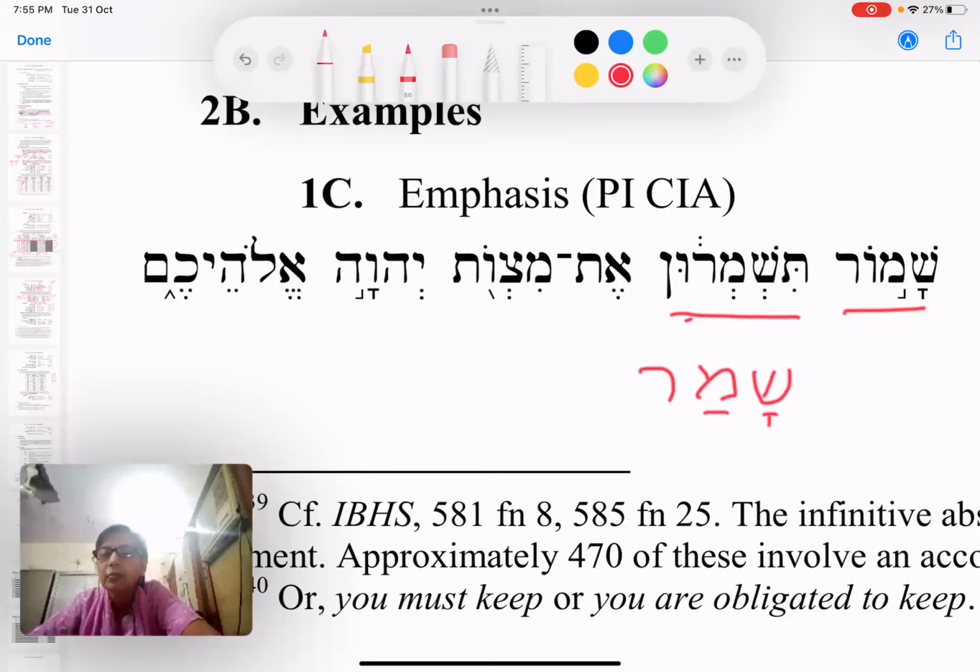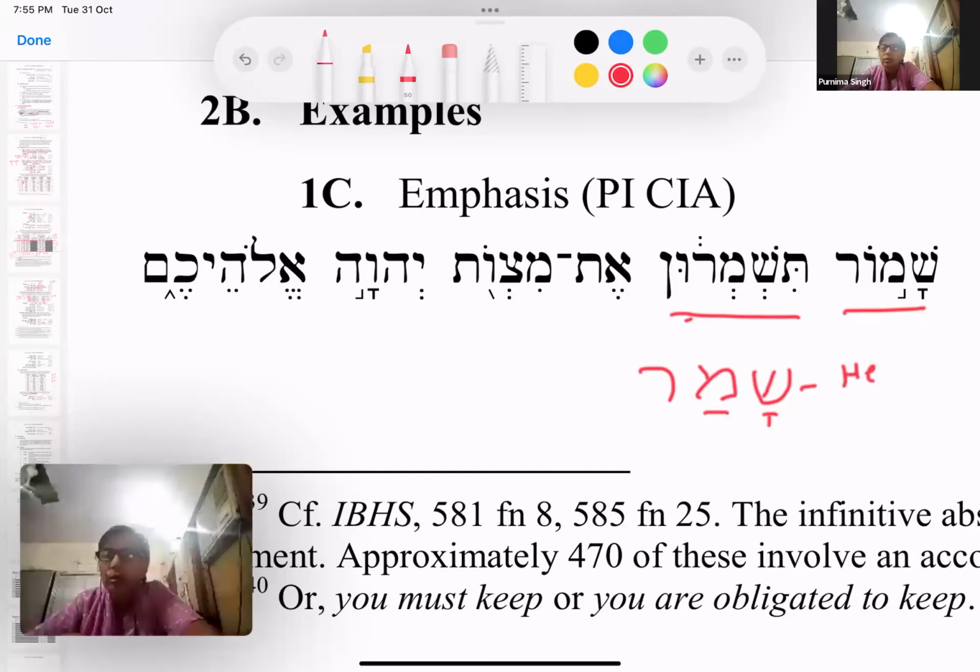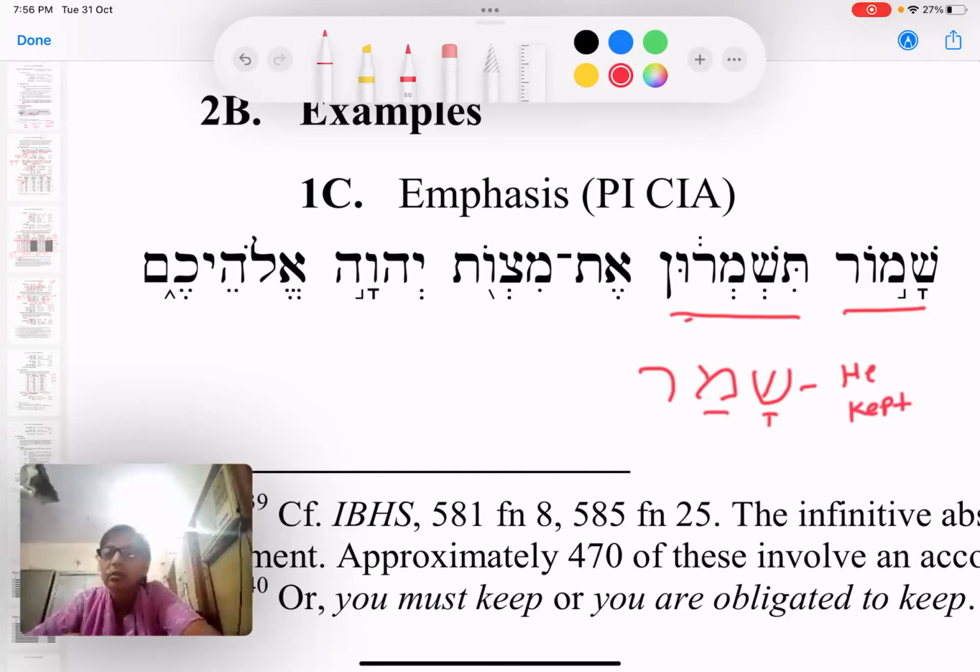Read this one: Shamar. Shamar means he kept. Now, Shamor has the same root Shamar, and Tishmerun also has the same root word Shamar.